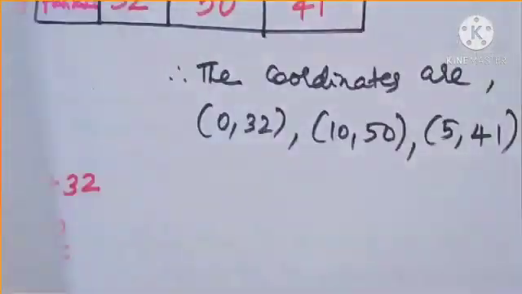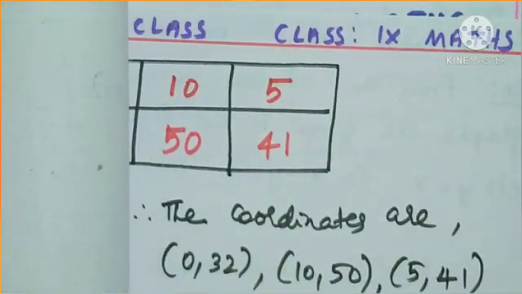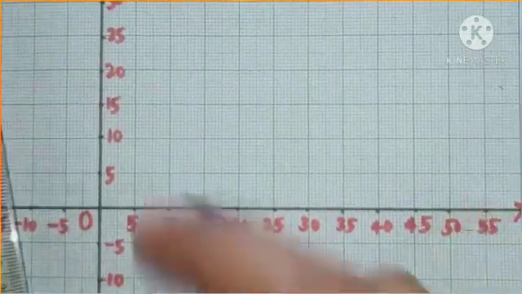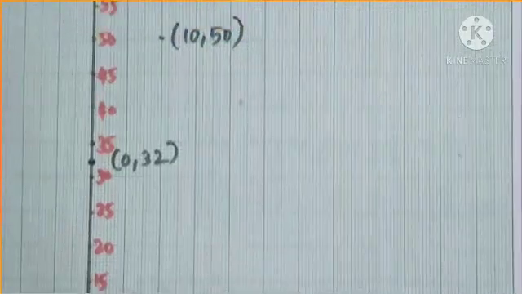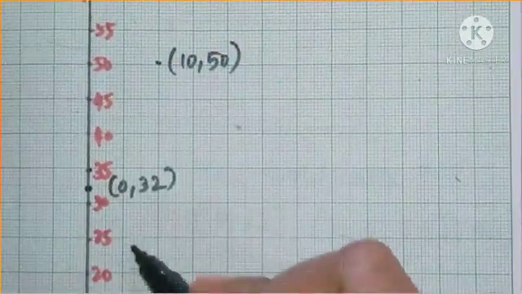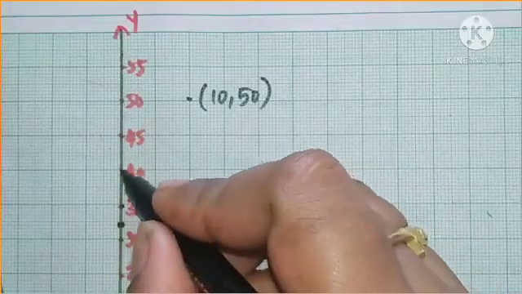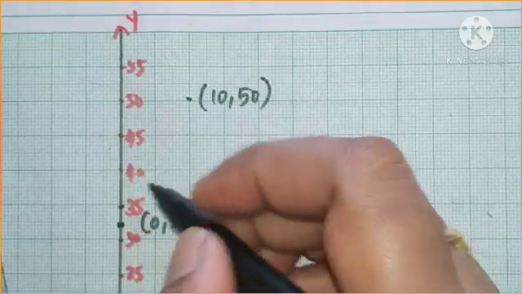Now take the third coordinate. What is the third coordinate, children? 5 and 41. So the x value is 5, and the y value is 41. Again come to x equal to 5, and 41. In the y-axis we have 40, then 45. So again you want to count the small lines.